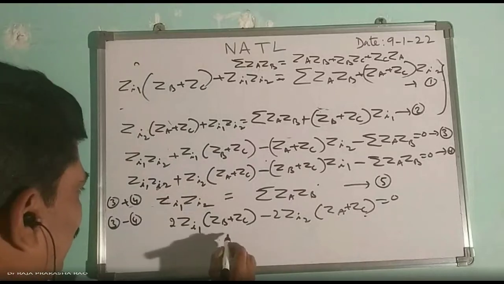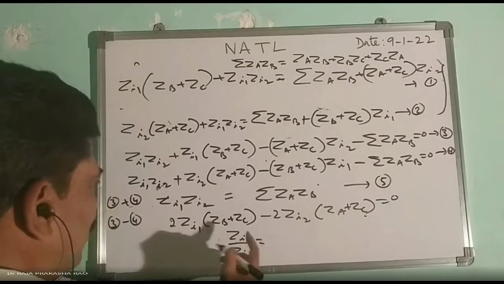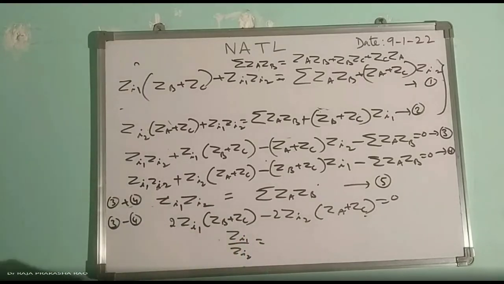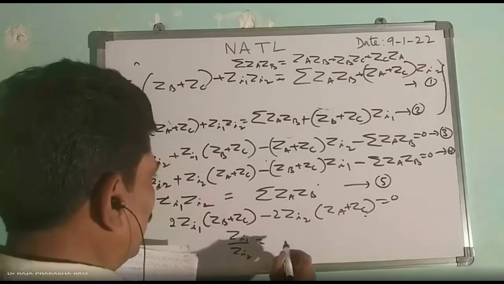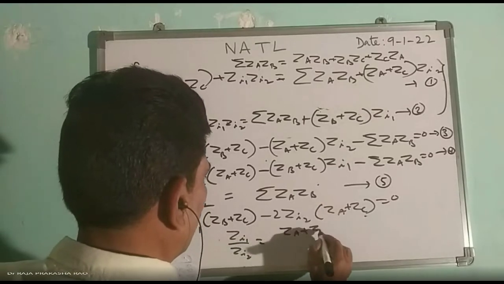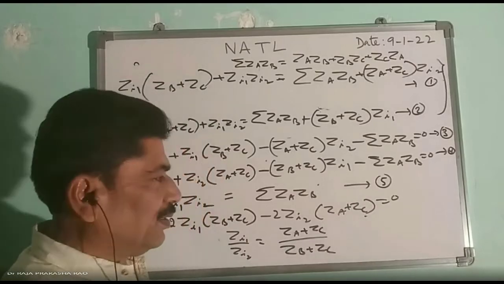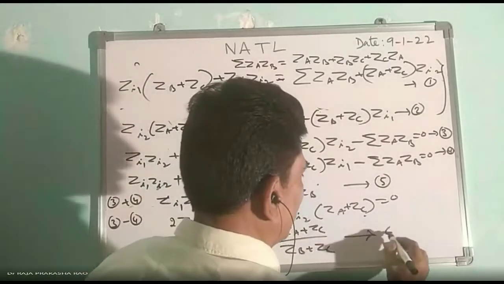Finally, by equating and dividing by 2, you will get Zi1 by Zi2 equal to Za plus Zc by Zb plus Zc. Let this be equation number 6.